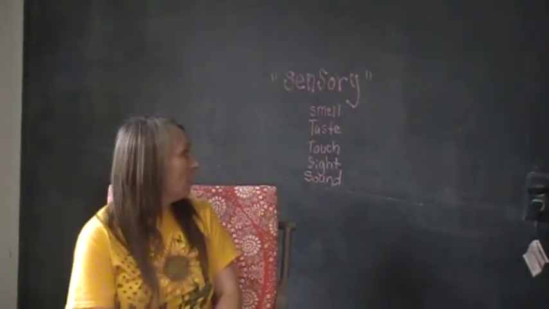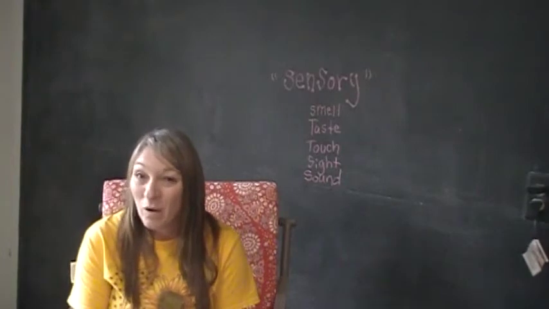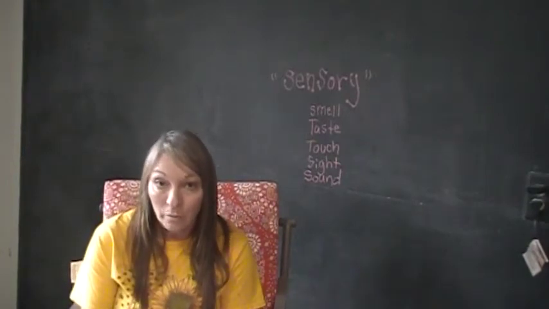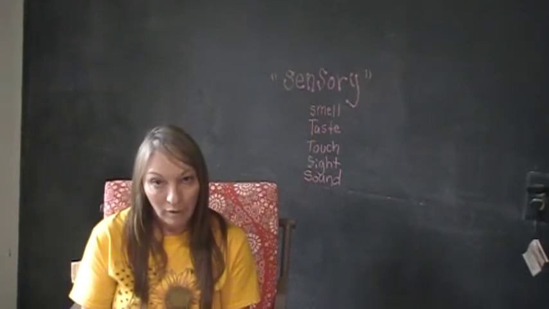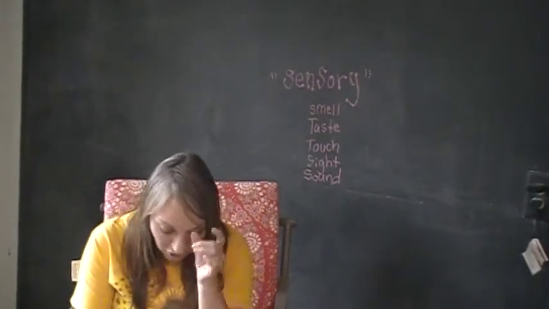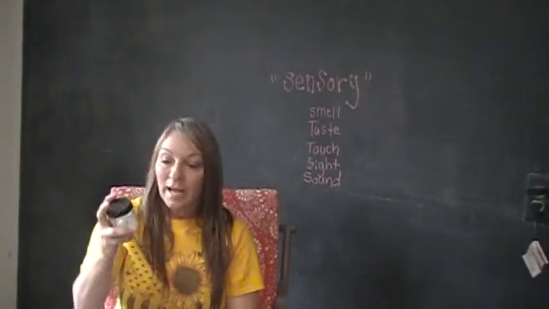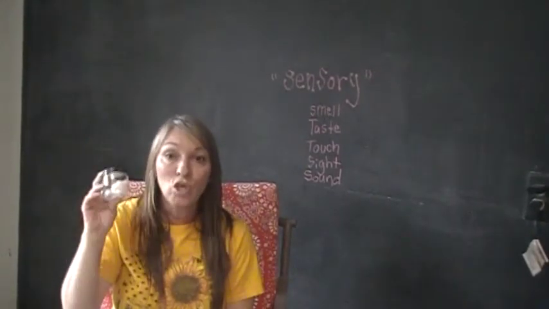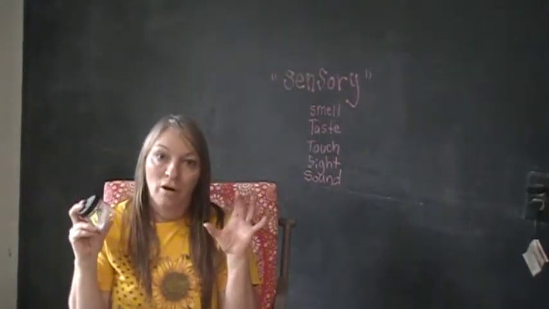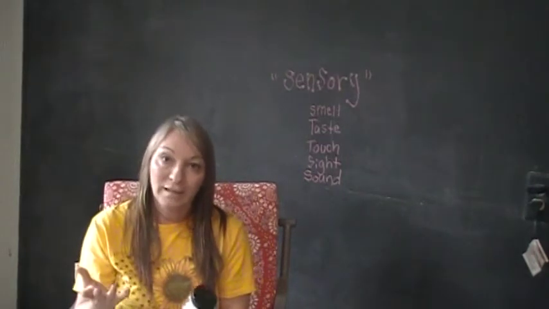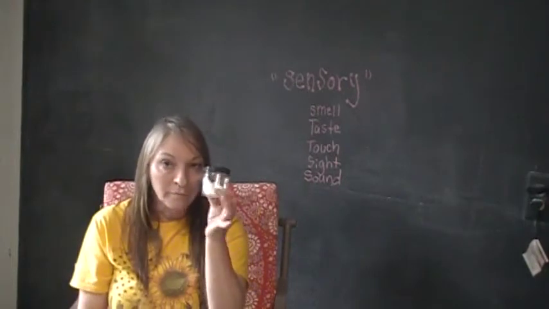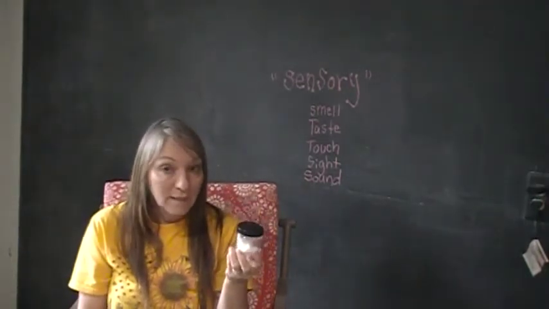So let's talk about smell. That's one that is a little more difficult to do maybe in the classroom. But at home, obviously, you have a lot more choices. One thing I do in my classroom is I have some small jars. I have used old spice jars or old medicine bottles that I've cleaned out, anything that will hold a small bit of cotton. And then I've gotten some essential oils.